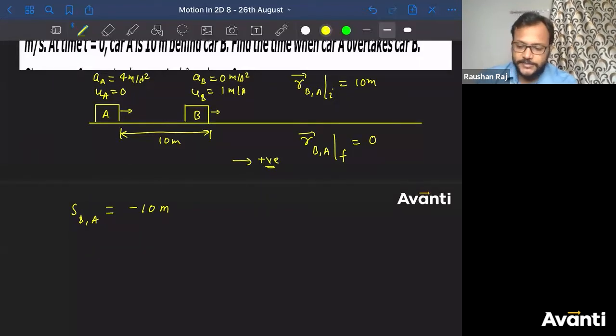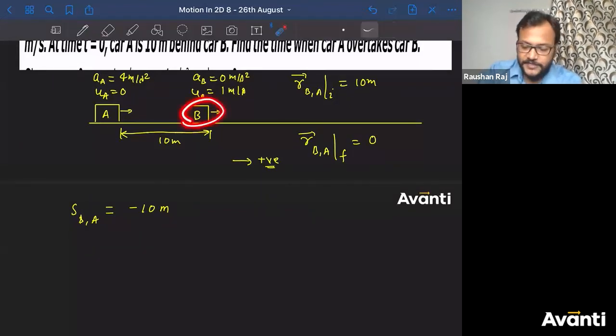Guys, did you understand this? The position of B with respect to A is nothing but 10 meter in the rightward direction. When A looks at B, that means A is the observer. So when A observes B, A will say the position of B is 10 meter from my position towards right.